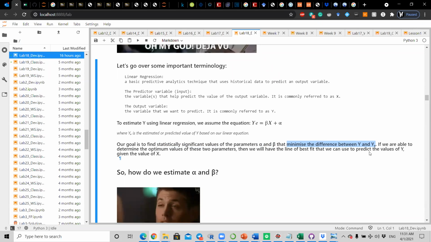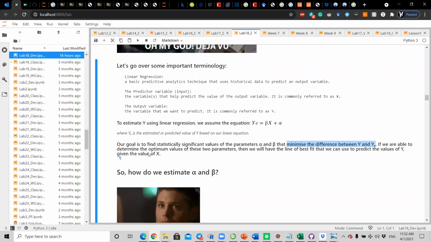So what do we call the difference between Y and YE? Error? Exactly, thank you. And who would like to have a large error when they can have a smaller one? People who like to see the world burn, and we are not those. So we want to have smaller errors. So our goal is to minimize the difference between Y and YE.